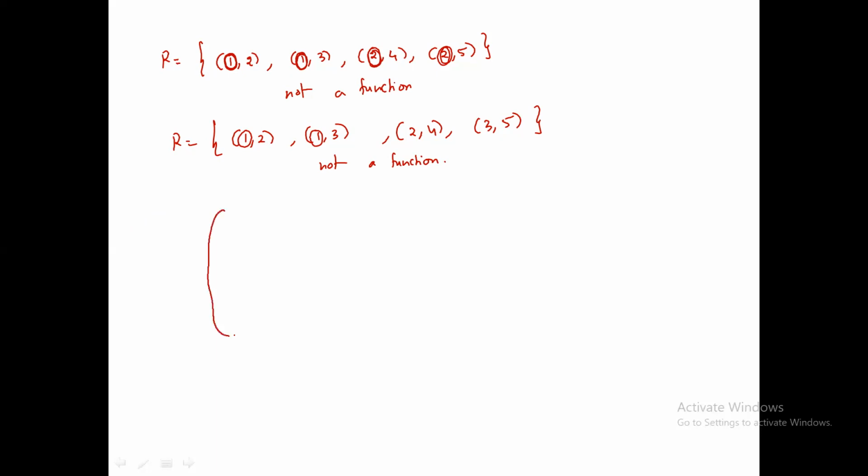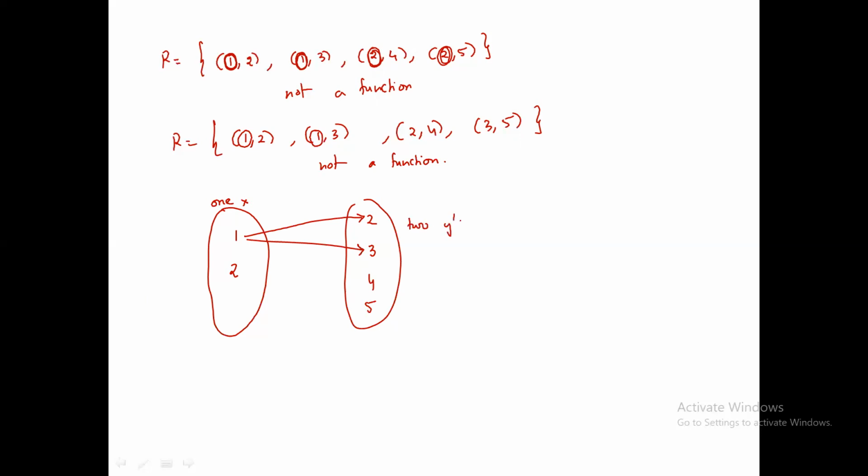Similarly, I will show you in an arrow diagram also. This is a set, this is another set. Here we have 1, 2. Here we have 2, 3, 4, 5. If 1 is joined to 2 as well as 3, one x is matched to 2 y's, then it is not a function.